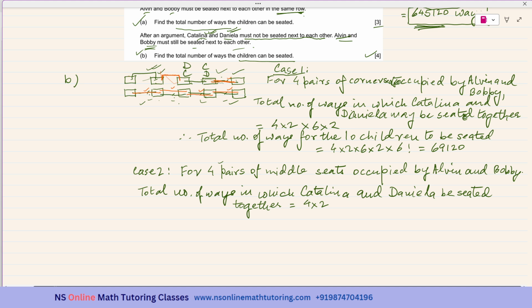Okay, so it will be 5 times 2, because either Catalina and then Daniela, or Daniela and then Catalina. So 5 times 2. And remaining children, I'm just writing remaining children equal to 6 factorial.